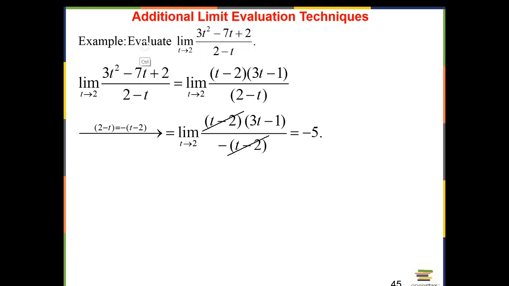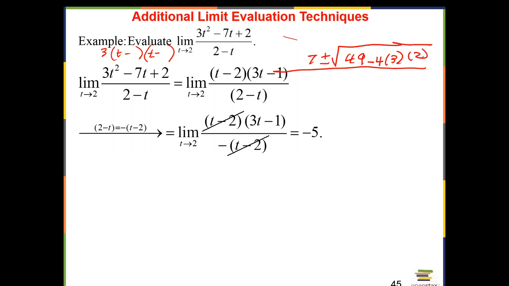Now to factor this polynomial, you can just write it as 3 times 2 factors like that, and put the roots of that polynomial there. So what are the roots? That would be 7 plus or minus the square root of 49 minus 4 times 3 times 2, divided by 6. That's the quadratic formula.